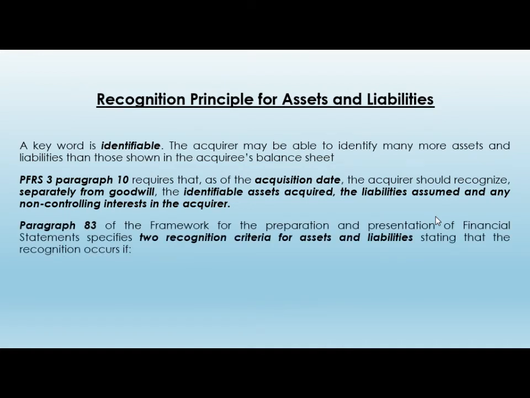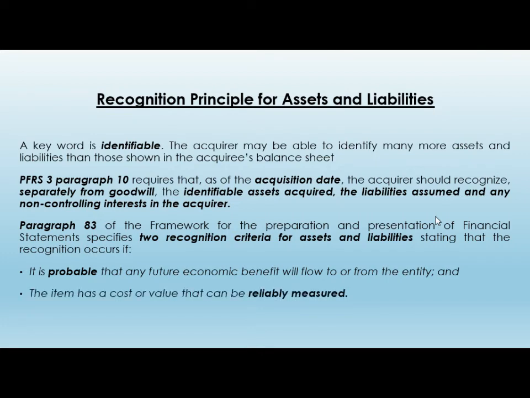Under paragraph 83 of the framework for the preparation and presentation of financial statements, there are two recognition criteria for assets and liabilities: recognition occurs if it is probable and measurable. Those are the two main criteria for recognition of assets and liabilities.